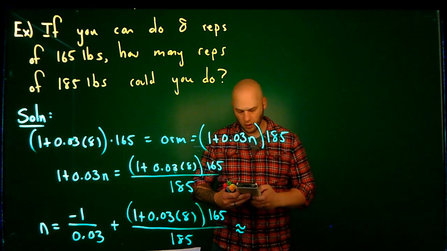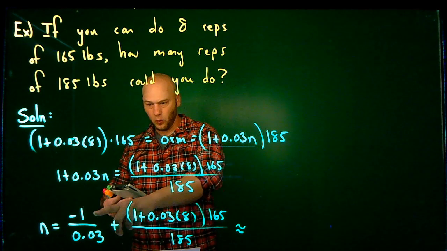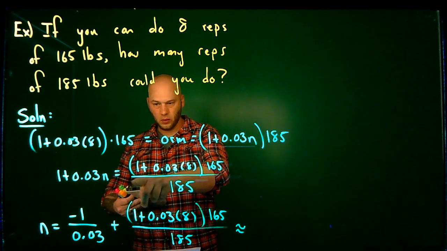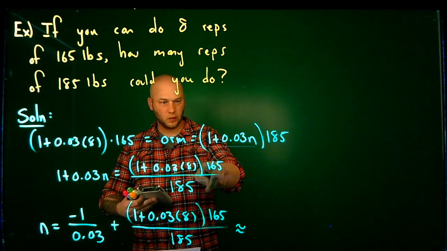Oh, I did something wrong on my calculator. Let's see. Negative 1, subtracted 1, 1 plus 0.03 times 8, 165.